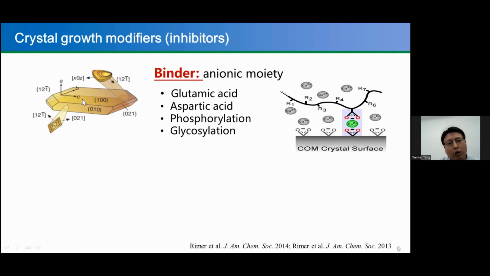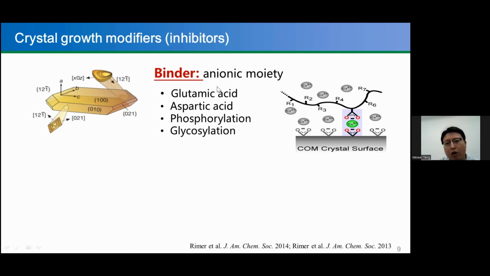The 100 crystal surface grows by triangular hillock spiral dislocation, whereas the side 010 surface grows by rhombic hillock.